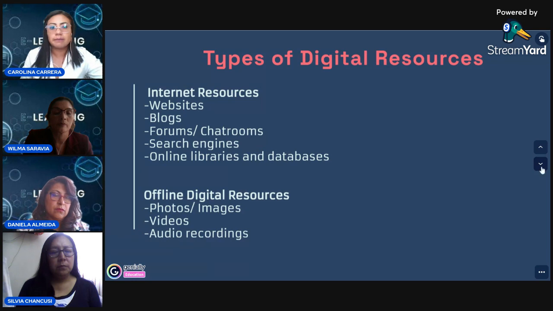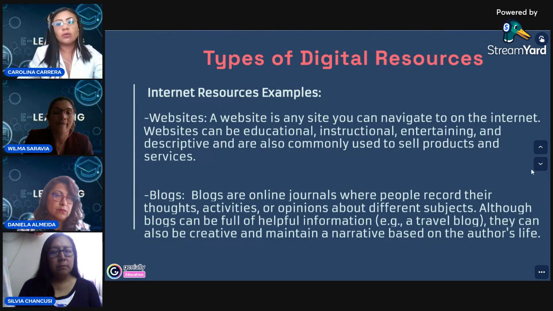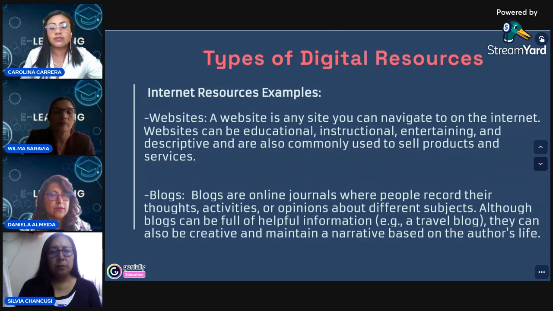recordings. Okay, let's talk about internet resources. For example, websites. Now, as teachers, we have a wide range of information that we can find on the internet: different apps, different websites, educational websites that we can use in our English classes. This kind of teaching is enjoyable for our students.